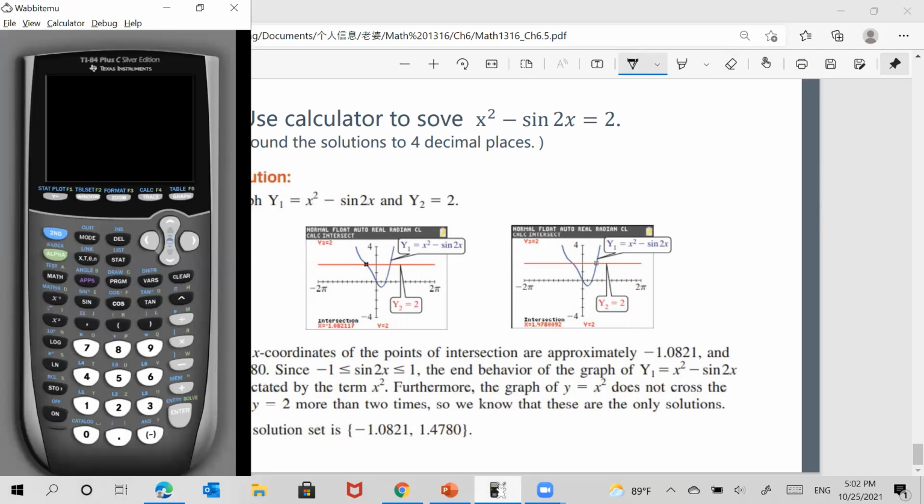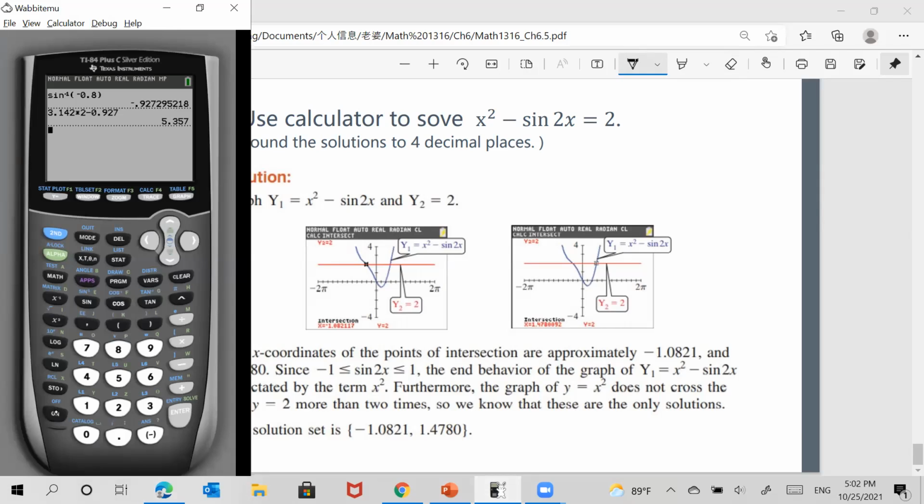So pull out your calculator and then turn it on, clear. And here, click this button, and then for y1, input your first function, which is x squared minus sine 2x. So x squared is here, just click x squared minus, oh, this is not minus, it's negative, so delete that.